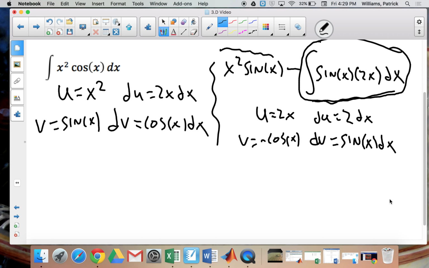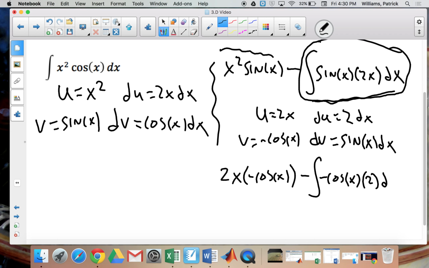So anyway, if we do integration by parts on this, now we'll have u times v, which will be 2x times negative cosine x. And then we will have minus the integral of v du, so minus the integral of negative cosine x times 2 dx.